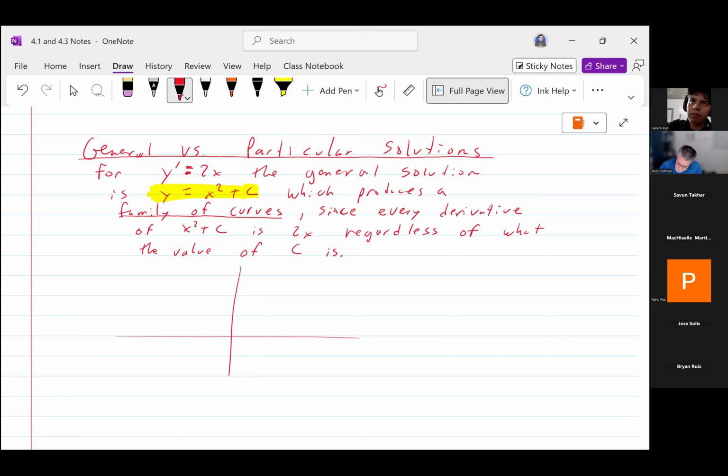If I were to sketch a few of these, this would be when c is 0. This is y equals x squared.